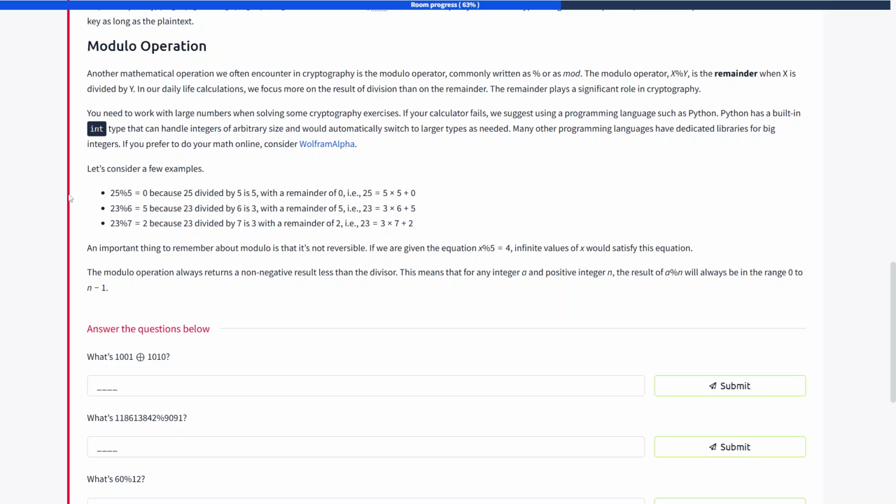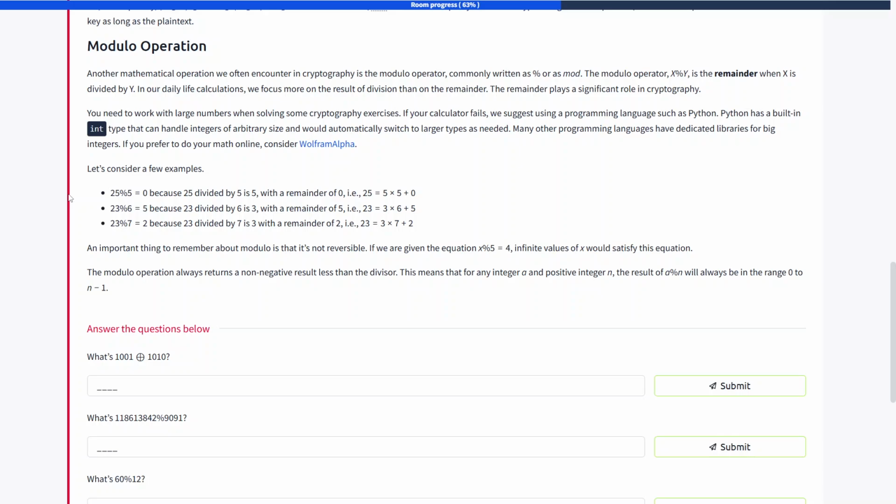An important thing to remember about modulo is that it's not reversible. If we are given the equation x mod 5 equals 4, there are infinite values of x that would satisfy this equation. That is, if a number is divided by 5, then the remainder will be 4.